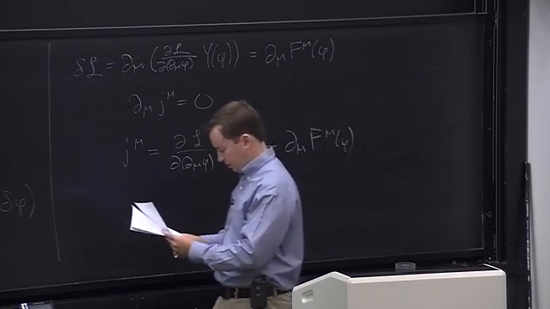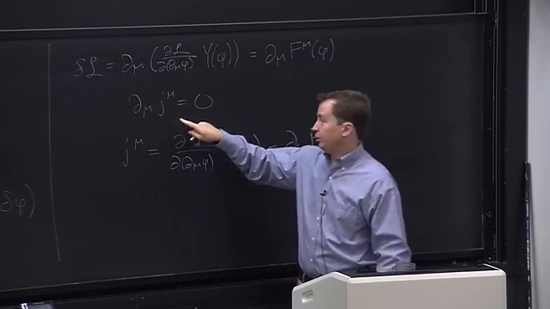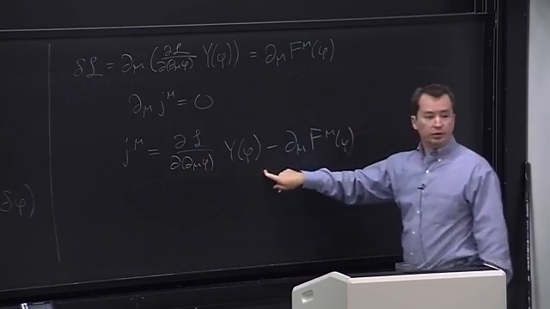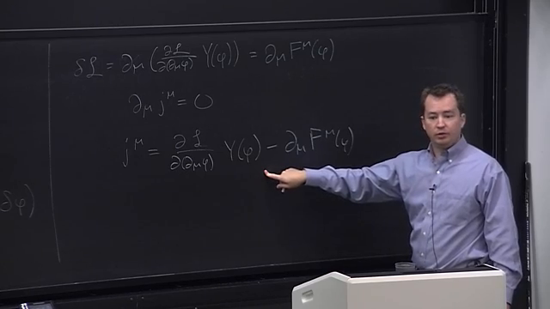This is our current. So not only have we shown that there is a conserved current, but we found an explicit expression for the conserved current.